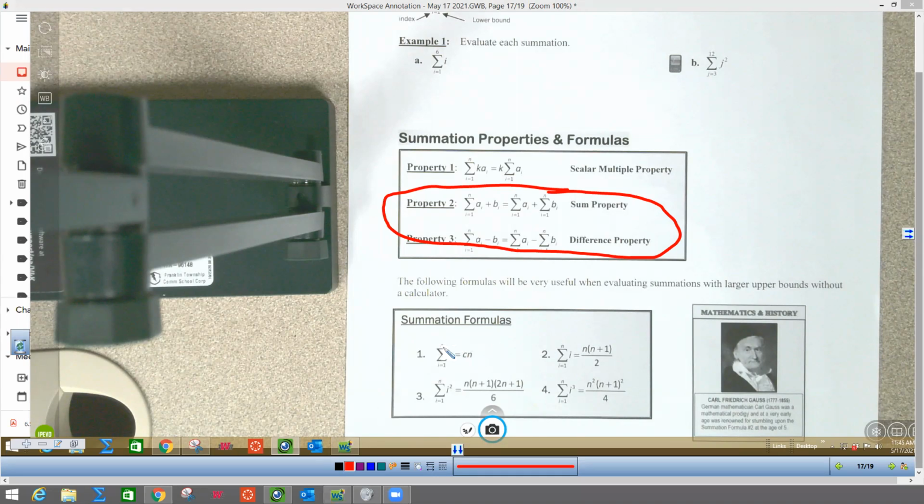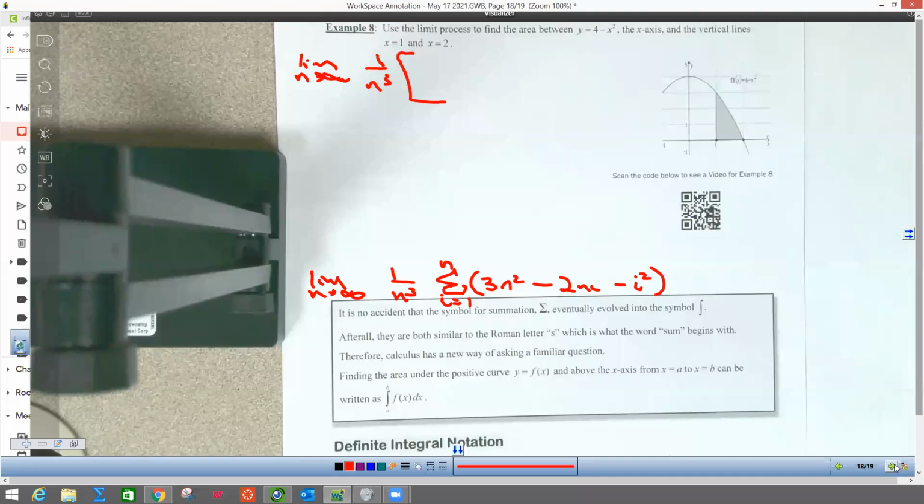So whatever my constant is times the top value is what that equals. So I'm going to take 3n squared times n. Well, that gives me 3n cubed. So that right there is the value of the summation of this 3n squared thing, this 3n cubed.